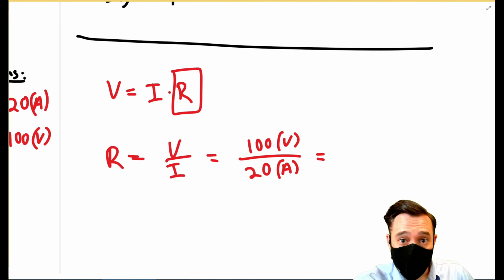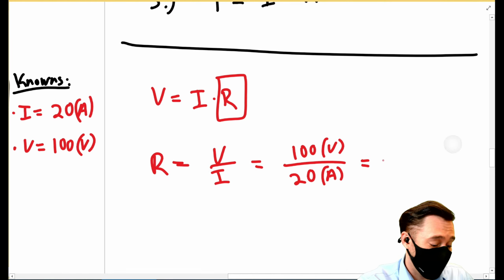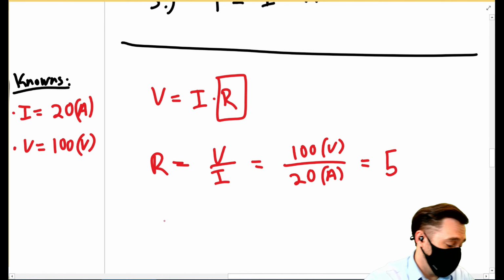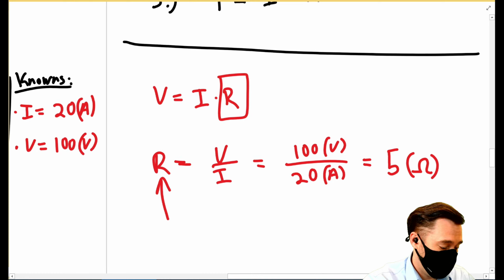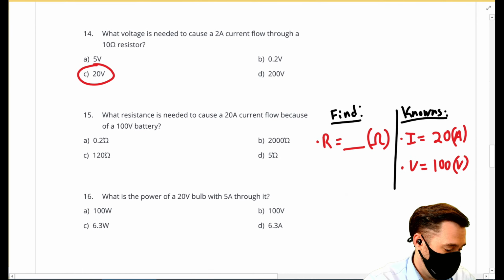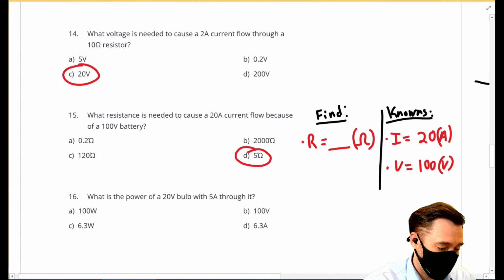I know it's the morning, but thank you. Okay. Yes, 5. And because it's resistance, this is going to be 5 ohms. All right, so 5 ohms. There we go.